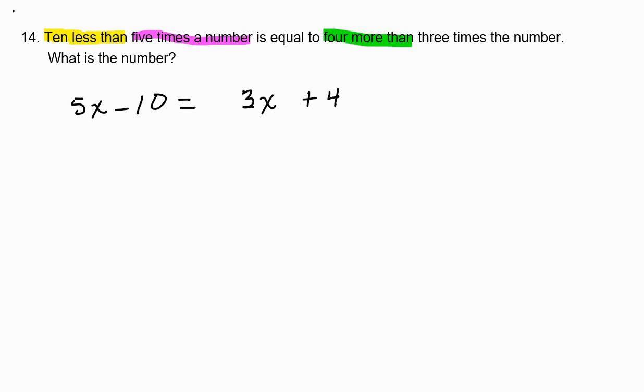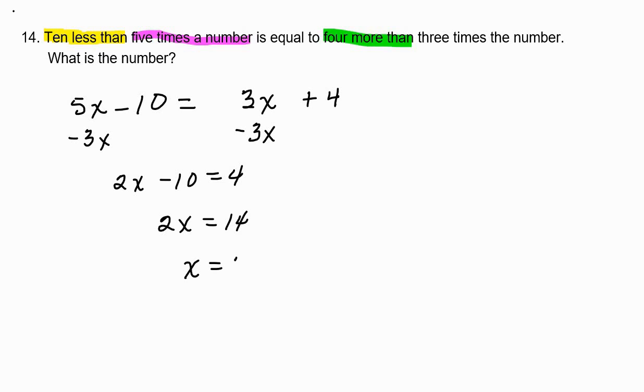I've got variable and constant on each side of the equal sign. I'm going to get rid of the smallest variable term first. So 2x minus 10 equals 4. Add 10 to both sides, then divide by 2. So x is 7.